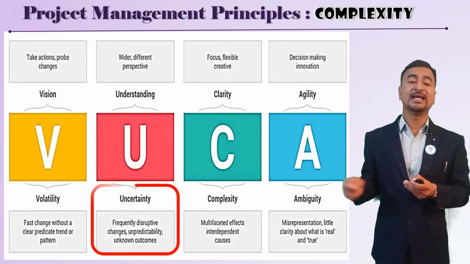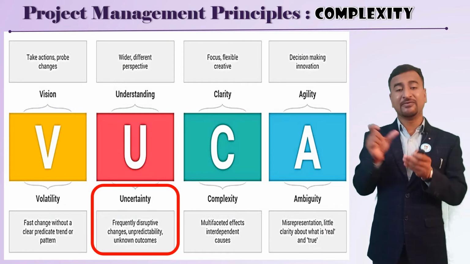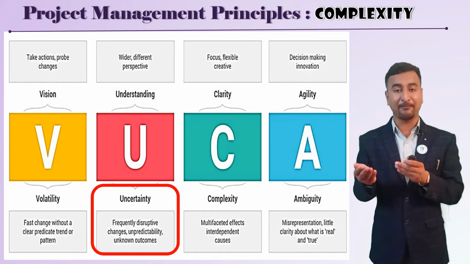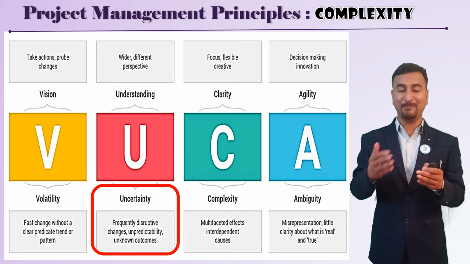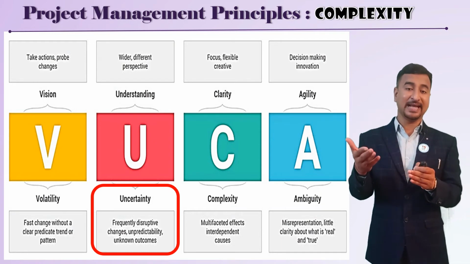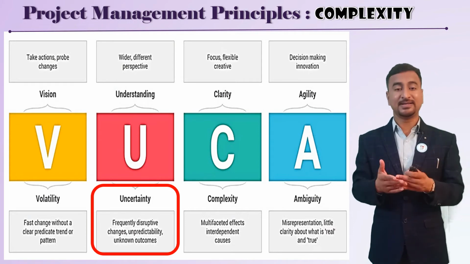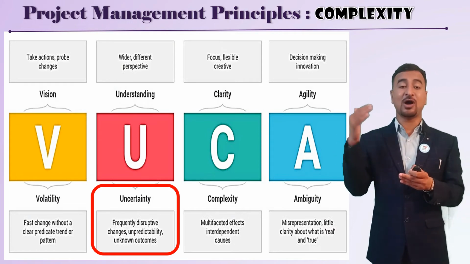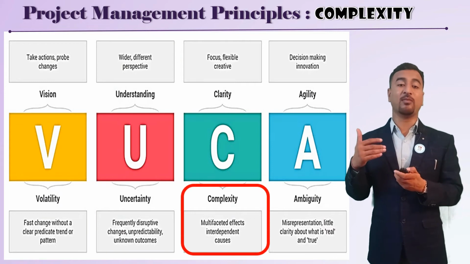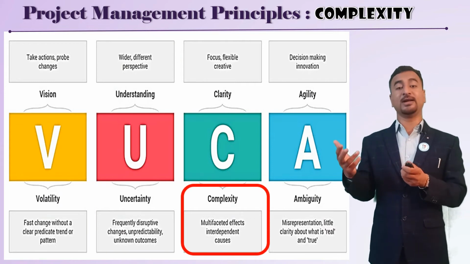The second thing is uncertainty, that in a very limited time you don't know what is going to happen next, like when COVID impacted, when we were finding vaccination, and what would be the next thing, lockdown and other things. So that is uncertainty. How can you respond to uncertainty? By understanding the problem, how you're going to respond.